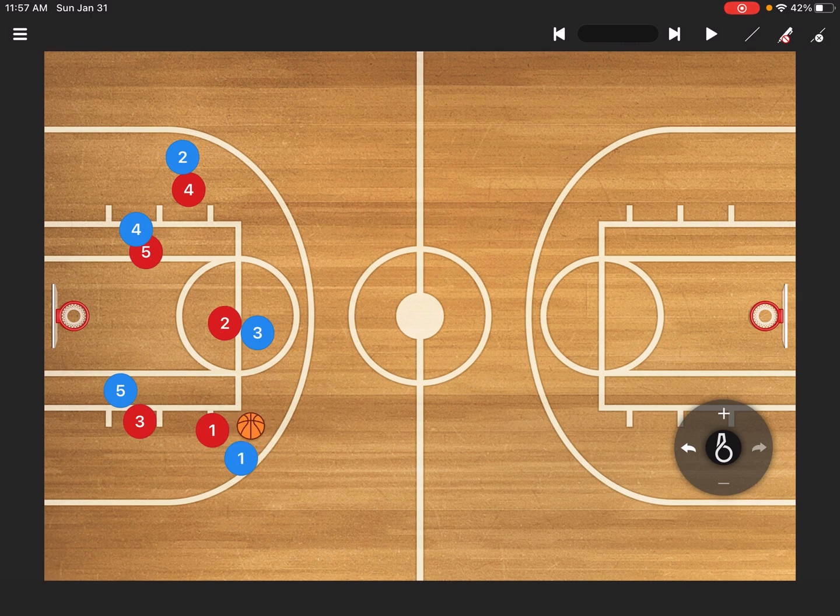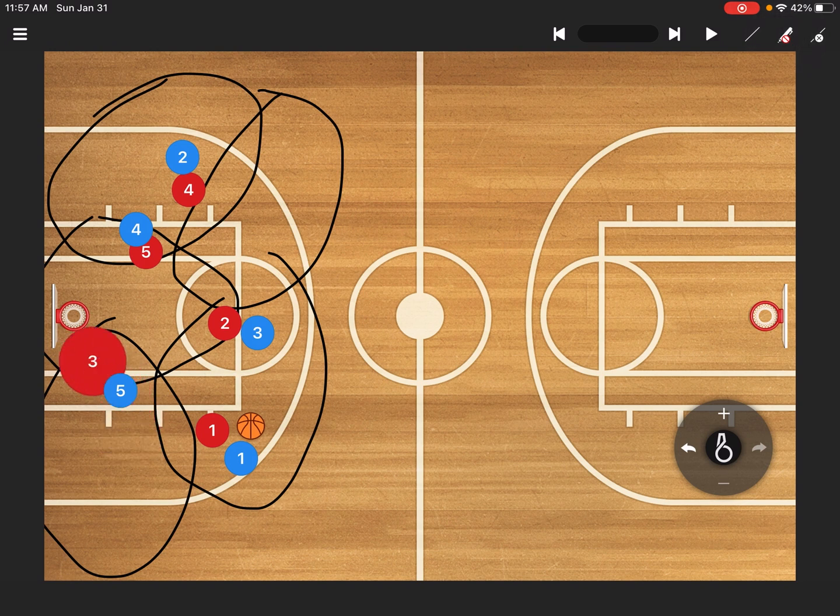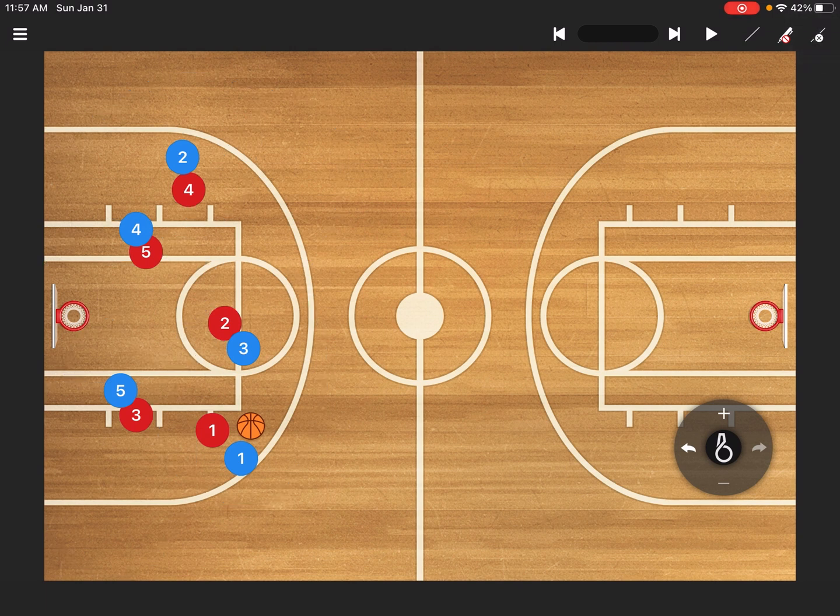So, again, the idea on a zone is to have areas covered that you know that you should be responsible for. And as a defender, you cover whoever enters your area, and then you shift or tell your teammates to switch when they move around.